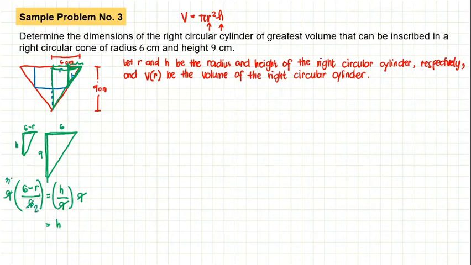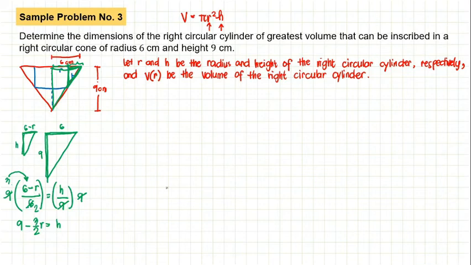right? So you will have this is 3 times 6, you have 18, divide by 2, you have 9, minus 3 times r, so 3r over 2, or just 3 halves r. So this is now our h.